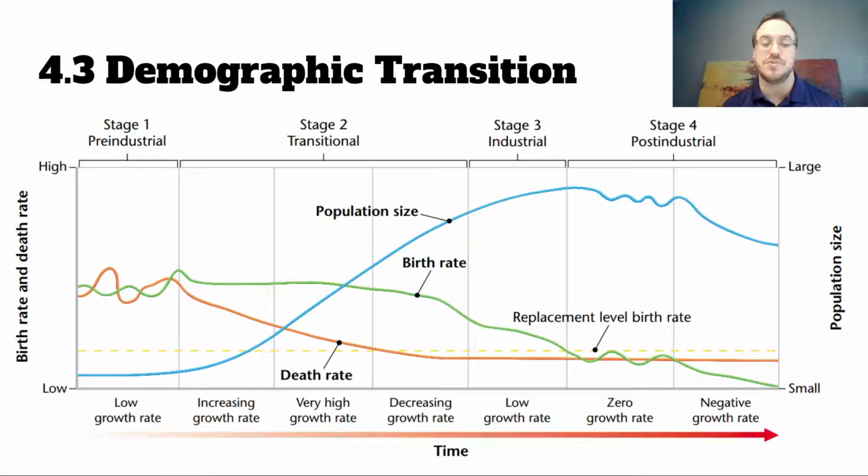Right? As the birth rate heads towards the replacement level birth rate and continues to decline, the population increases. And this is that industrial and post-industrial levels here, right?